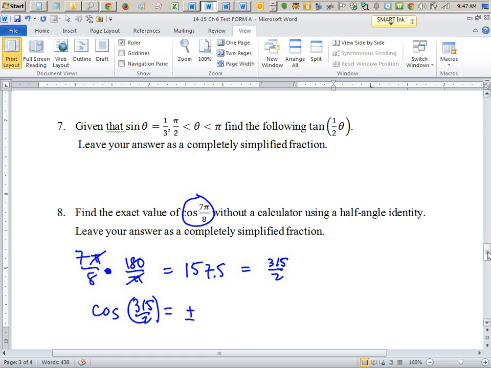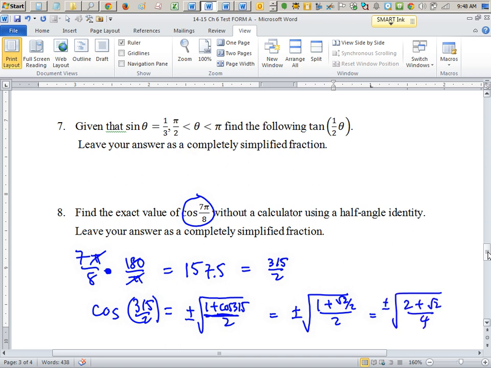So you would go plus or minus the square root of 1 plus cos 315 all over 2, which is 1 plus root 2 over 2, over 2, which gives you 2 plus root 2 over 4, square rooted. You can even square root that 4 on the bottom. So you get plus or minus the square root of 2 plus root 2, all over 2, or you can put a half in front.